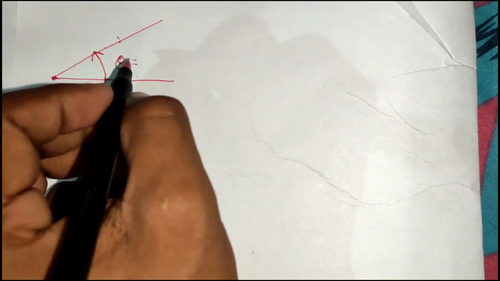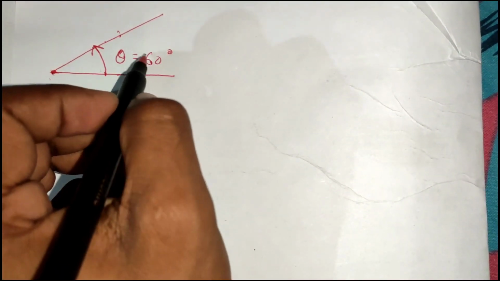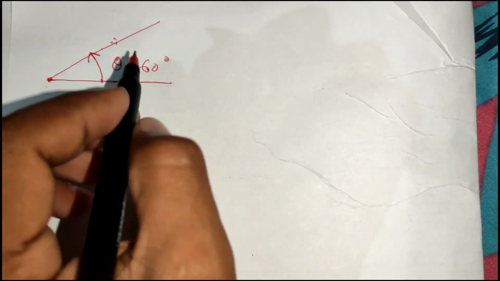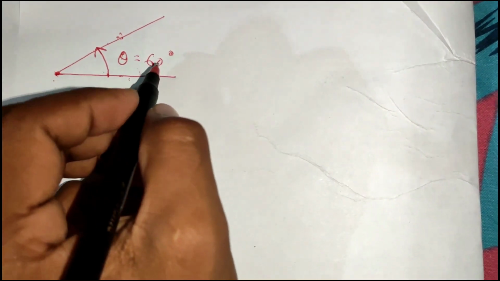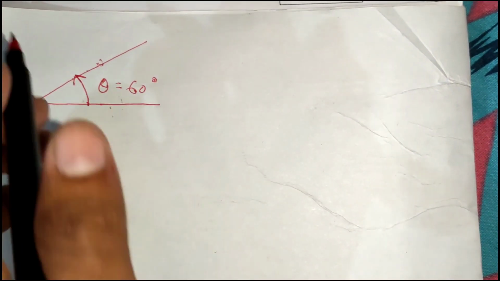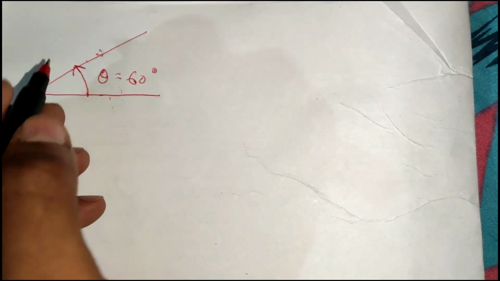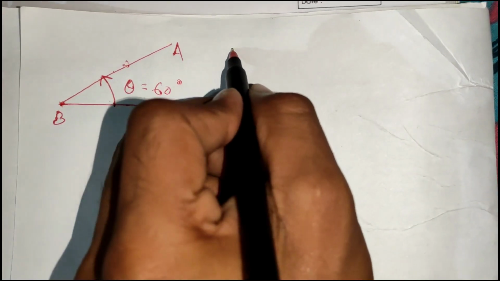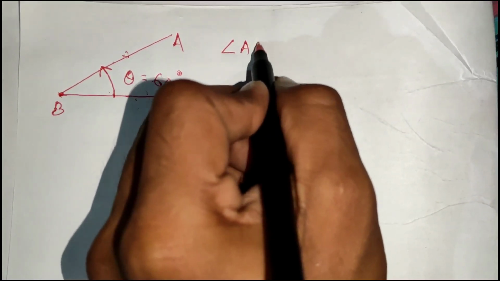This is the denotation of the angle. Say this is 60 degrees. So 60 degrees is the measurement of how much this line is inclined to this, just like meters. And we denote this angle as, if this arm is denoted as AB and this arm is denoted as BC, we will write this angle as angle ABC.